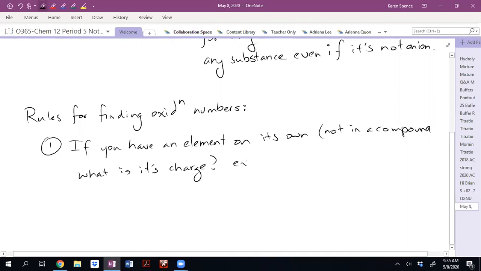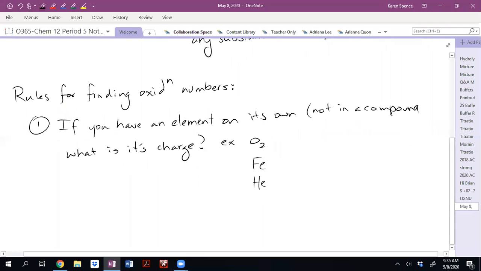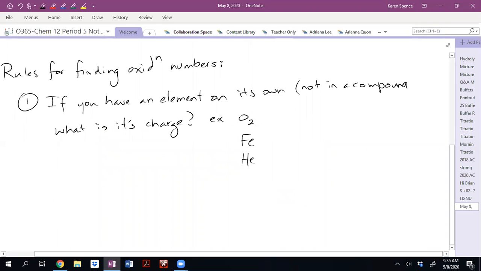So for example, if you have O2, which is an element on its own, if you have Fe, if you have helium, what is the charge of those things? Zero. Yeah, absolutely, right? There's nothing up here. And the charge is zero.